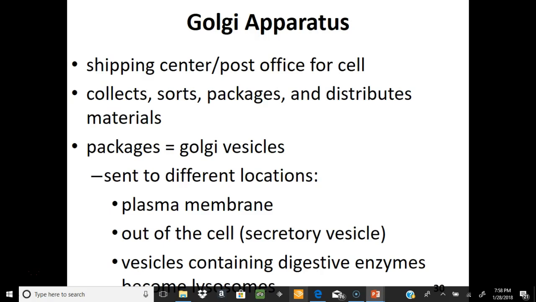It can send these proteins to the plasma membrane to be embedded in the plasma membrane. It can send them to the plasma membrane to be excreted by the cell, or it can release them directly into the cell, and those are vesicles like lysosomes and peroxisomes.